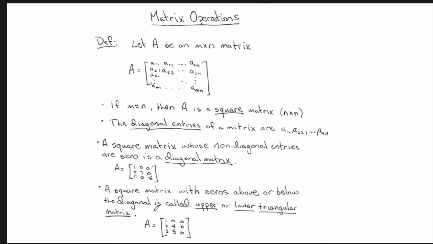Now, a square matrix with zeros above or below the diagonal is called an upper or lower triangular matrix. In this case, A, notice that above my diagonal entries 1, 4, 6, I've got 0, 0, 0. You can see how this forms a triangle, and this would be lower triangular.